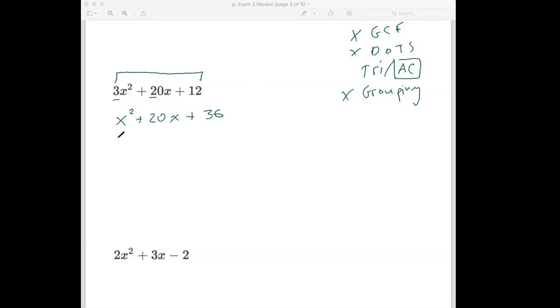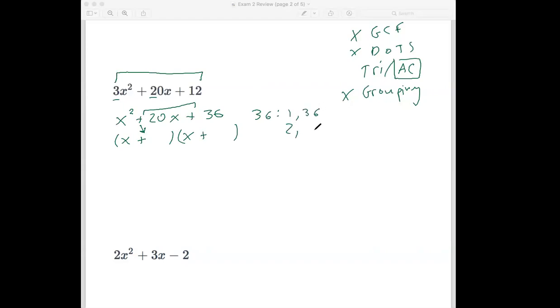Now we do trinomial factoring. X, drop the sign, multiply the signs. Factors of 36, you have 1 and 36.